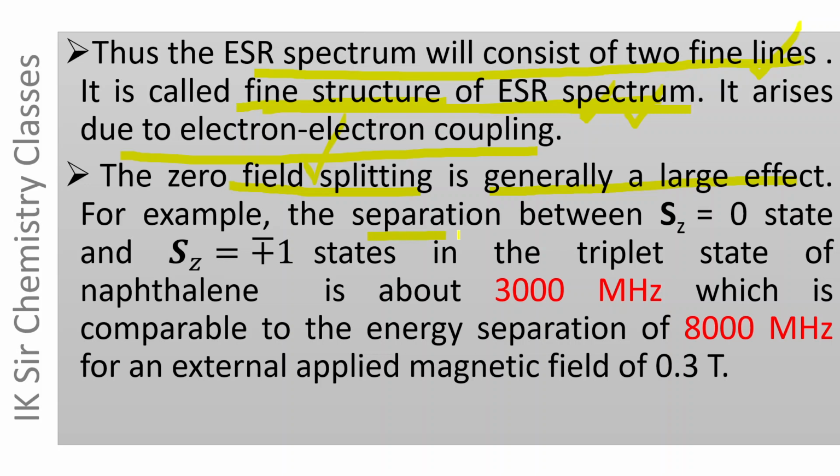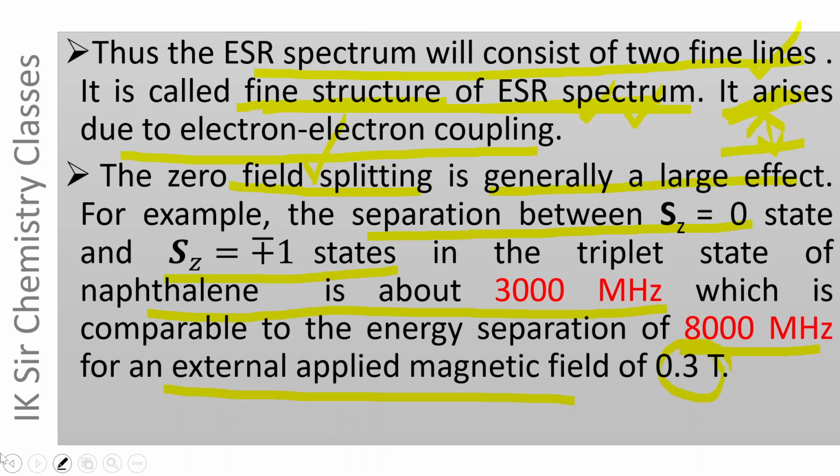For example, the separation between Sz equals 0 and Sz equals plus/minus 1 states in the triplet state of naphthalene is about 3000 megahertz, which is comparable to the energy separation of 8000 megahertz for an external magnetic field of 0.3 Tesla. These two values are comparable.